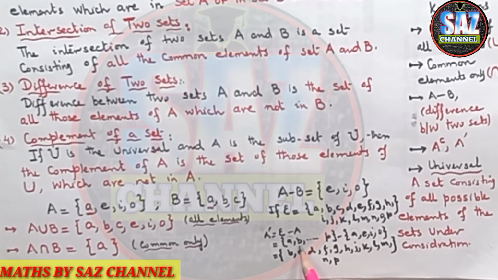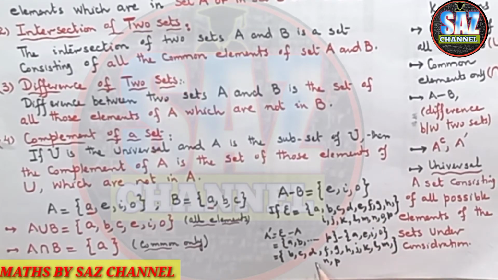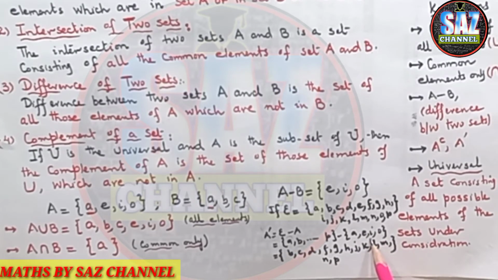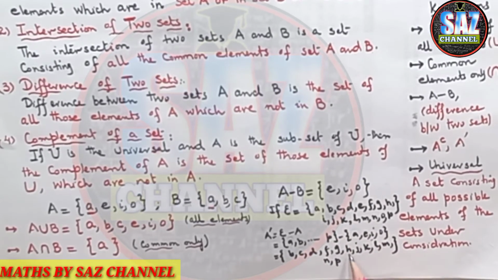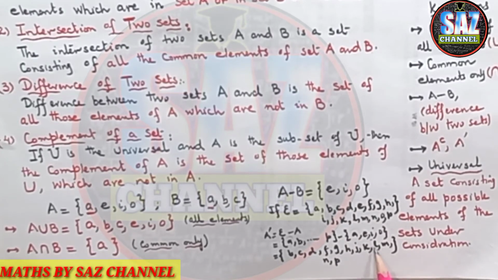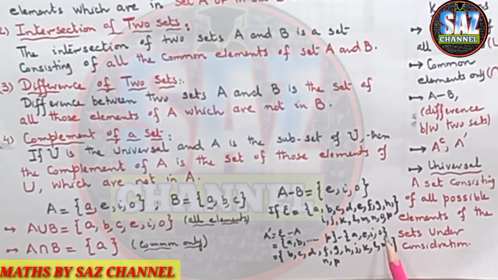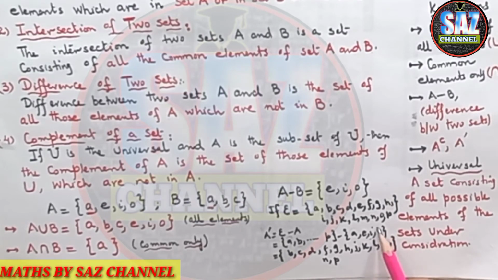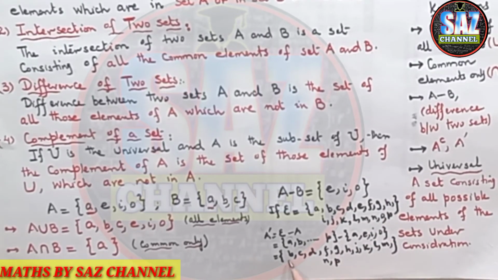Then we start the answer from universal with B, C, D. E is present in both, so we are not going to write E. Then F, G, H, and I is present in universal and in set A as well, so we are going to remove that. J, K, L, M, N, and we are not going to write O because O is in universal and O is in set A as well. So the complement will be B, C, D, F, G, H, I, J, K, L, M, N and P.